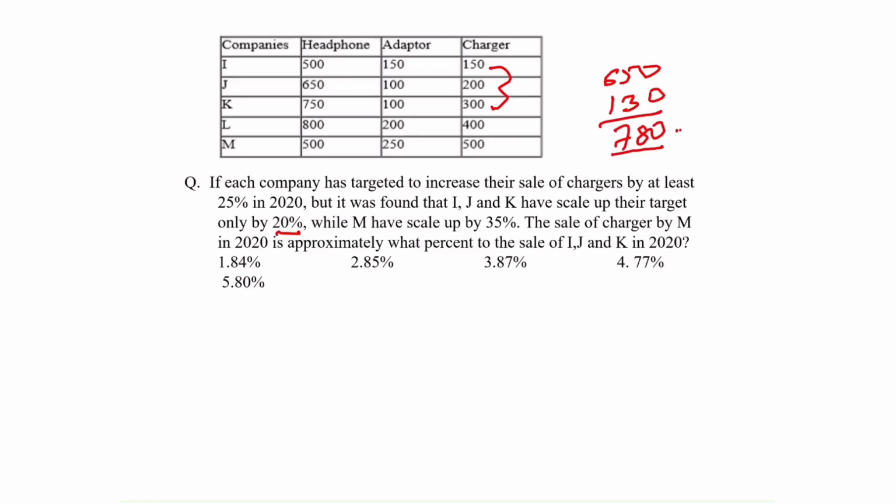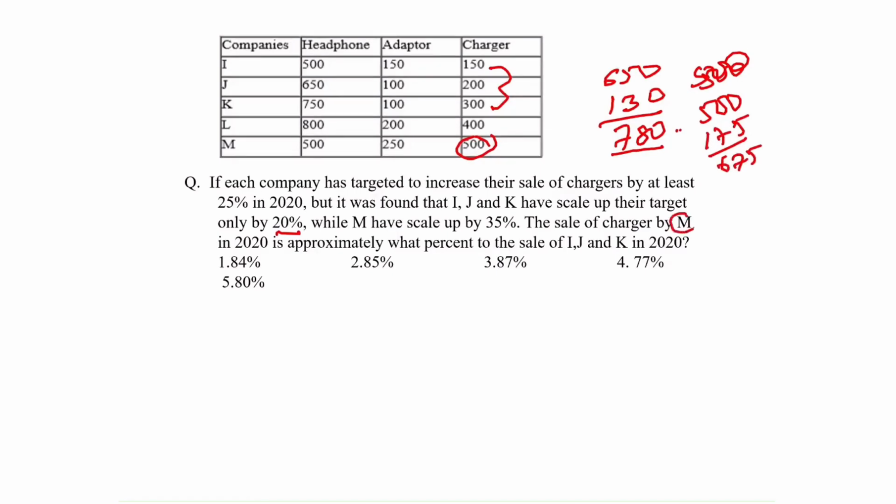But chargers of M in 2020 is scaled up by 35%. So 500 is the original 2019 value. If we calculate 35%, it is 175, so 675.